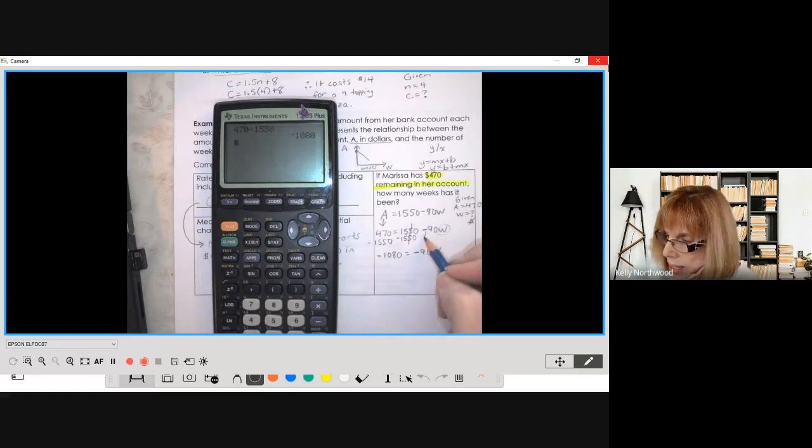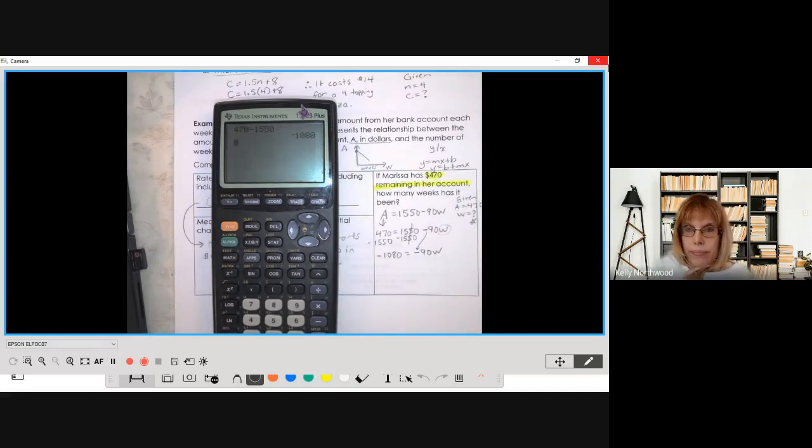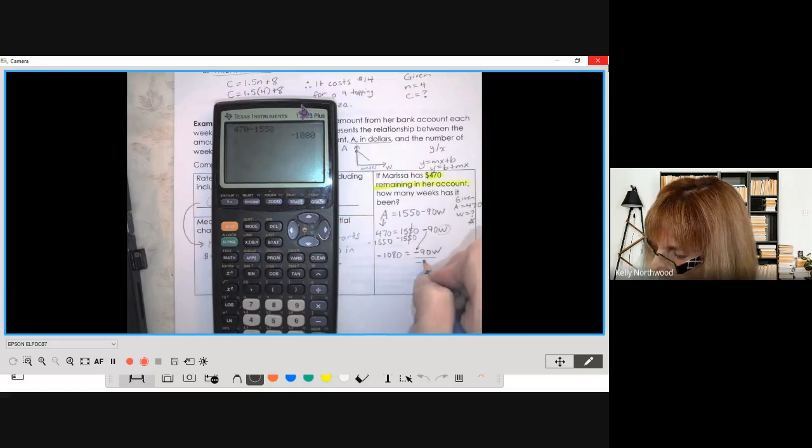Okay, and then I call this a sneaky negative because often people just write down the 90W and they forget about the negative sign, but don't forget it. So right now W is being multiplied by negative 90. And we want to undo that, so we're going to divide both sides by negative 90.